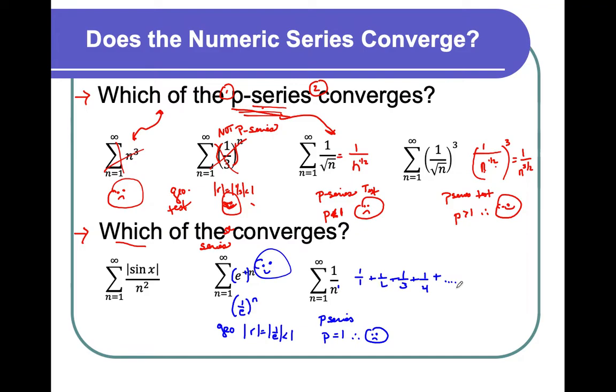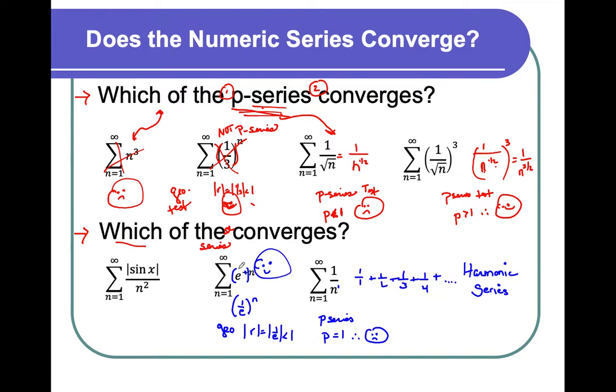If your terms don't go to 0, you definitely diverge. Anybody remember the name of this series? This is the Harmonic Series, and it does have a tie to music. That's why it is called the Harmonic Series. The Harmonic Series does not converge.